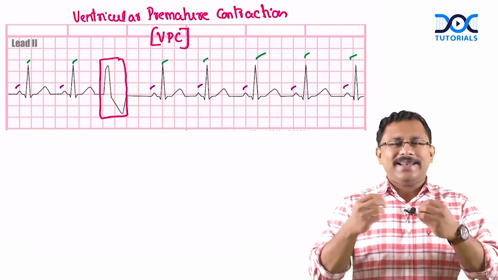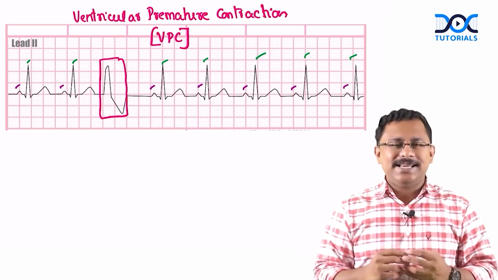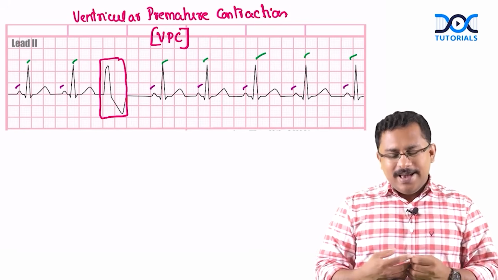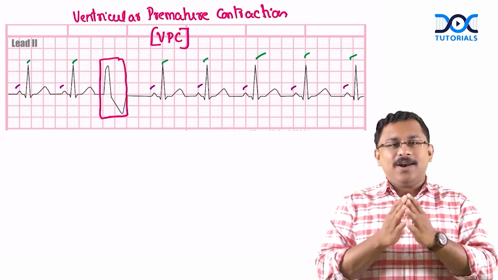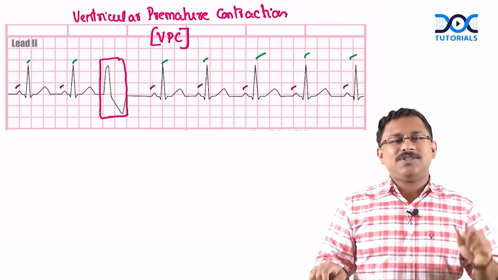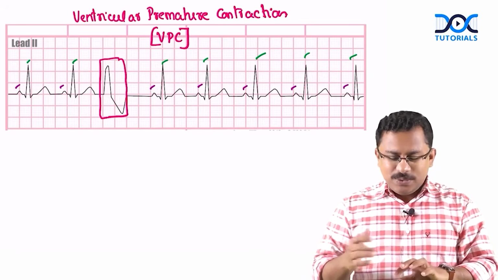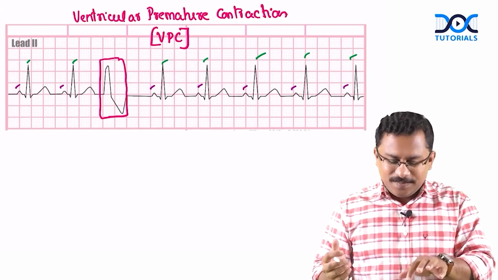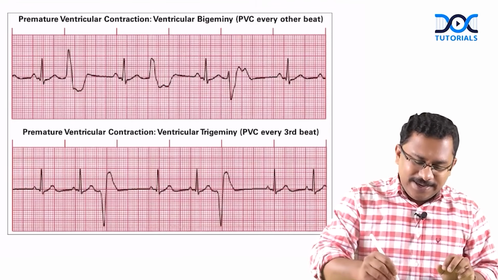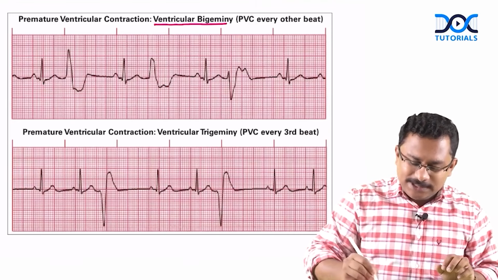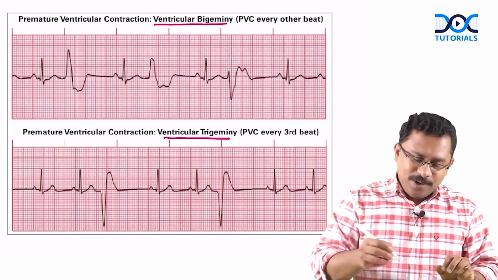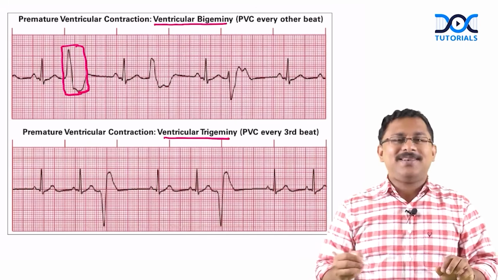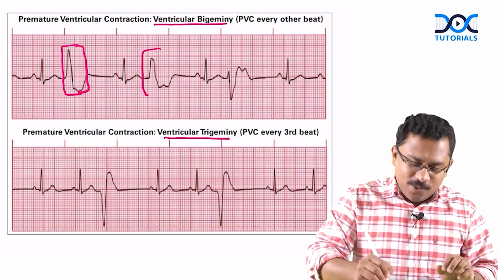Sometimes that can occur in the ECG, commonly in elderly individuals, and sometimes it can occur in a particular rhythm which is known as a Geminy rhythm. So here you just saw occasionally one ventricular premature contraction, but there is a ventricular bigeminy as well as a ventricular trigeminy, where in ventricular bigeminy every second beat you have an abnormal QRS.